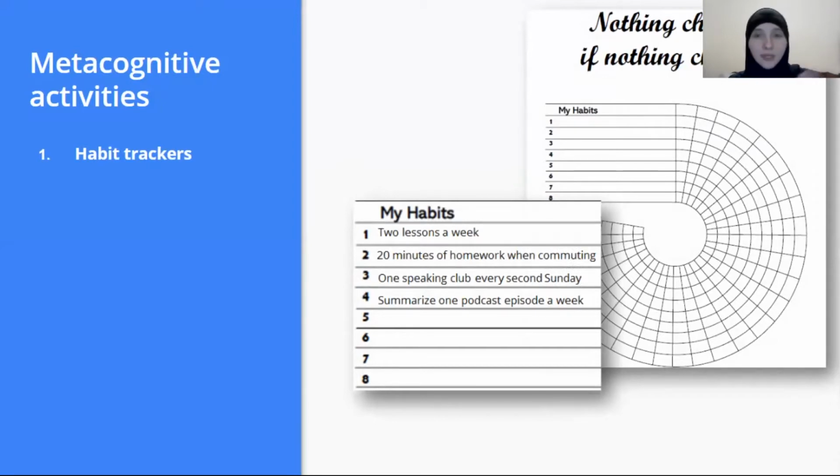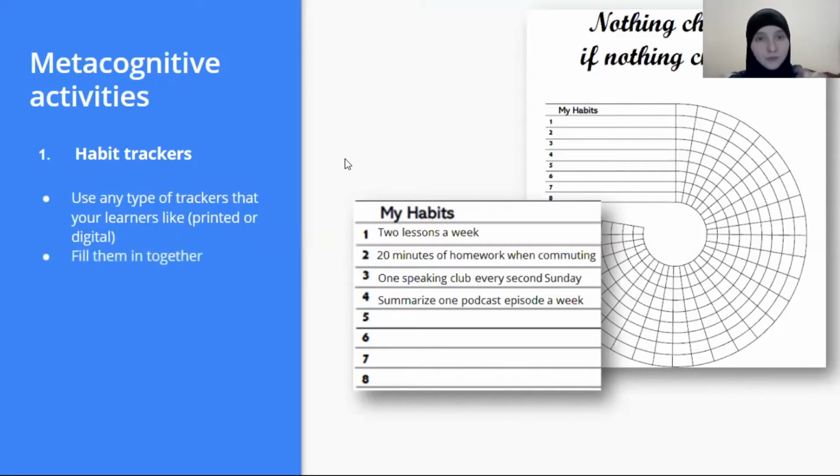And in order to plan this process, in order to show them that they don't have to swim in these links and materials, we can provide them with this plan. You can use any type of tracker, either printed or digital, fill them in together, and review them later.